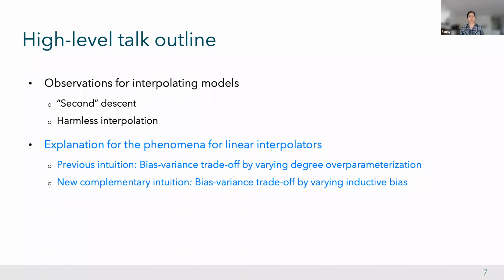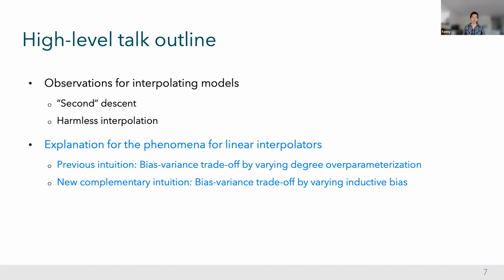I'll start with providing previous intuition for overparameterization, which is a particular bias-variance trade-off as a function of the degree of overparameterization. This was already previously known. And then I will add a complementary intuition to the picture, which is based on our work. That is essentially saying that we have a bias-variance trade-off that is induced by varying the inductive bias.